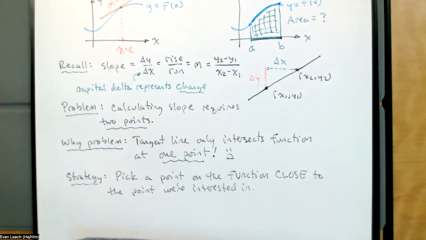Close to the point in which we are interested. Then we're going to calculate the slope of the secant line between those 2 points. Now we have 2 points.